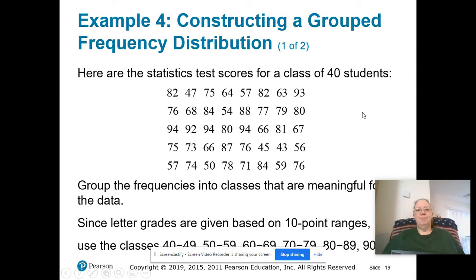All right, example 4, constructing a grouped frequency distribution. We have a test that 40 students took, and these are their scores.